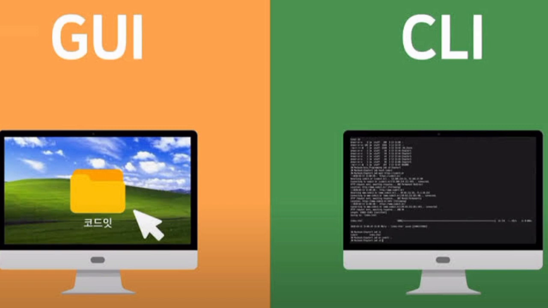But in the cybersecurity world, or in the security world as a whole, CLI is mostly used because it's very fast. It has a bit of a learning curve. You have to learn how to use it. You have to learn the basic commands that it uses. So for a beginner, it might not be easy to use, but once you start using it, you get used to it at the end of the day.